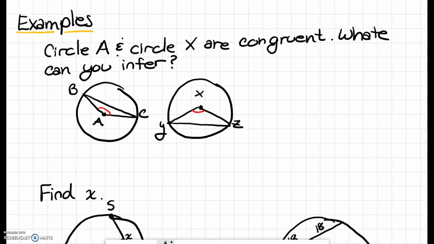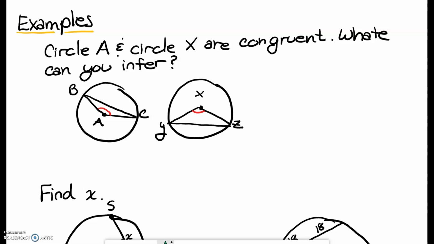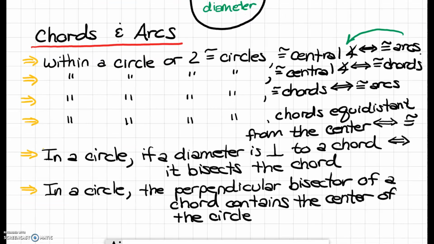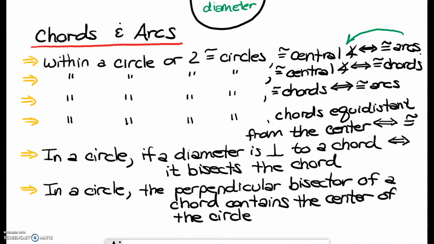So let's work through some examples to illustrate those postulates and theorems. It says circle A and circle X are congruent. What can you infer? Well, we can use all of these postulates because it says within two congruent circles.